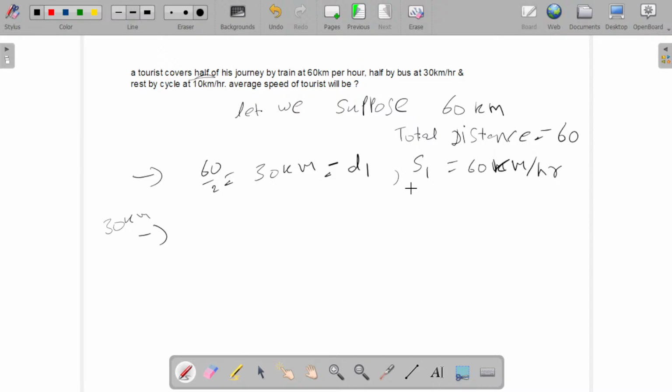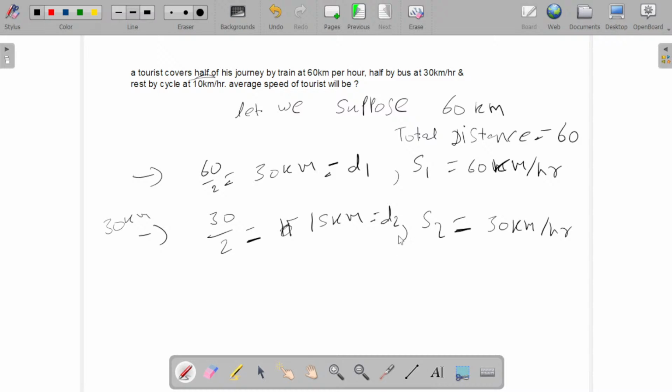So half of 30 kilometers is how much? 15 kilometers. So 15 kilometers he traveled by bus at a speed of 30 kilometers per hour. So this is d2 and s2, 30 kilometers per hour.